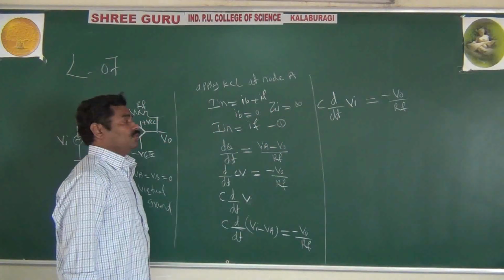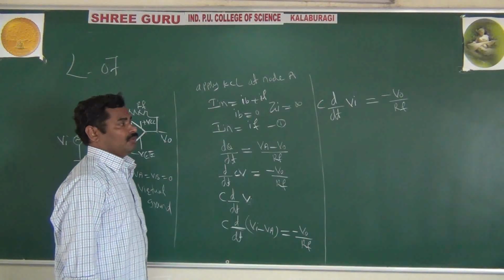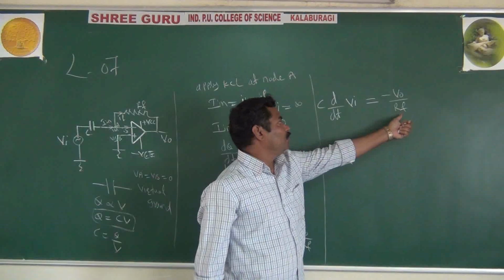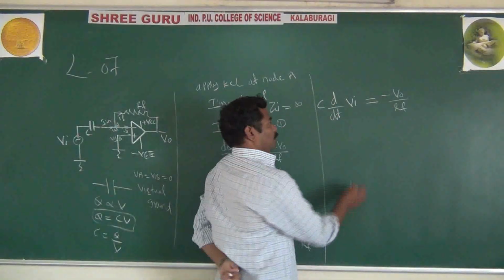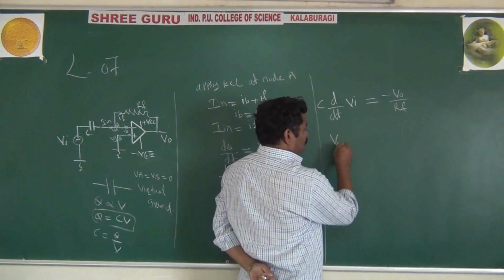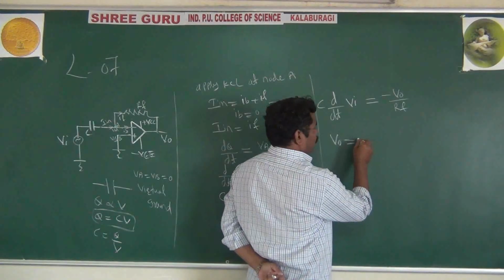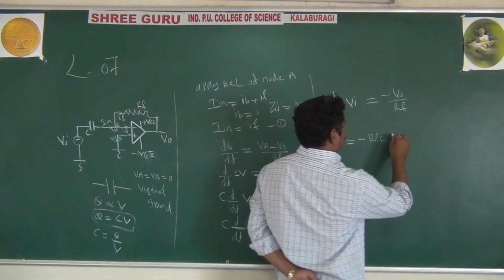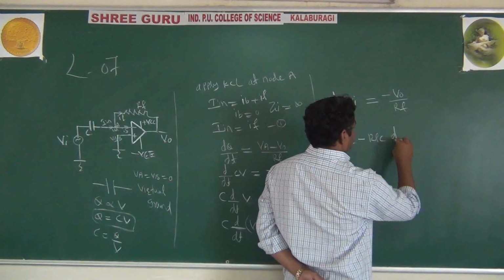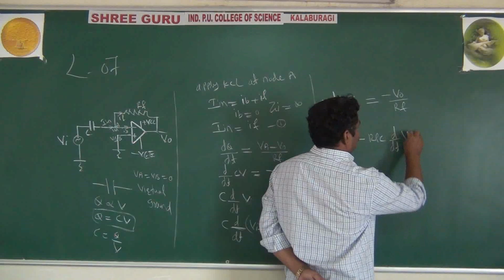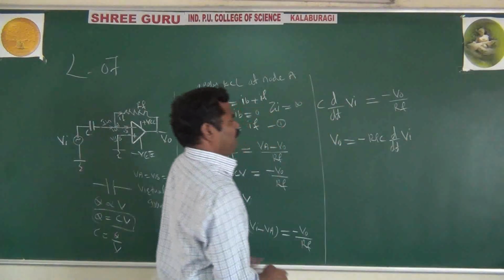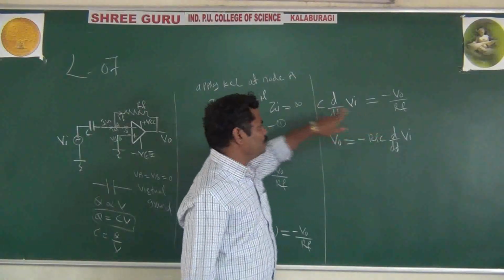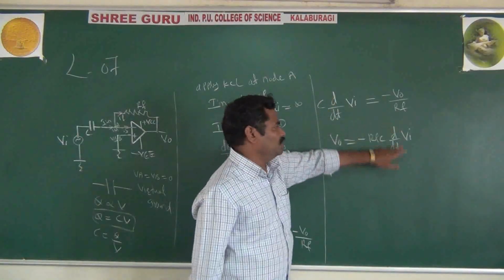Then actually, you want the output voltage. It means this RF will multiply here. It becomes V naught equal to minus RF C into d by dt of VI. We only take RF to this side, RF into C d by dt of VI as it is.